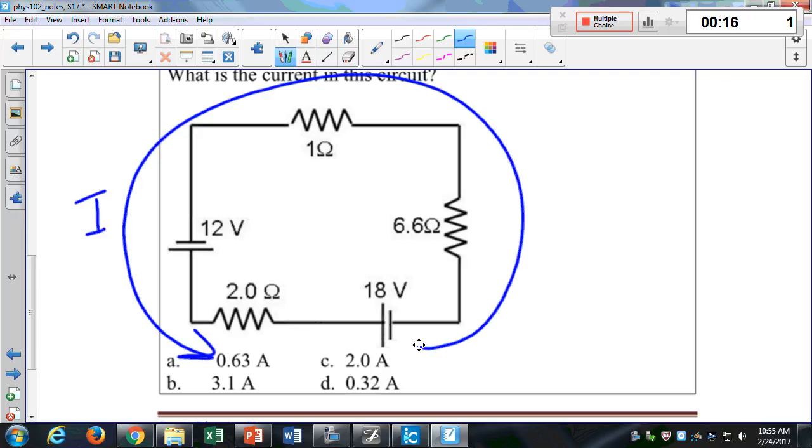And now you want to start at some point in the circuit, say right here, and either go this direction or go this direction, and apply the loop rule as you go through, applying those sign notations. So apply the loop rule as you go through, and then solve for the current. You have some current I. Go through this circuit, applying the loop rule, the sum of the potentials is equal to 0. And then solve for the current.